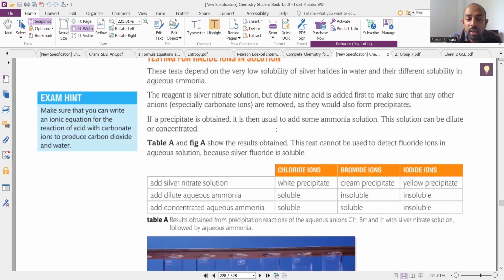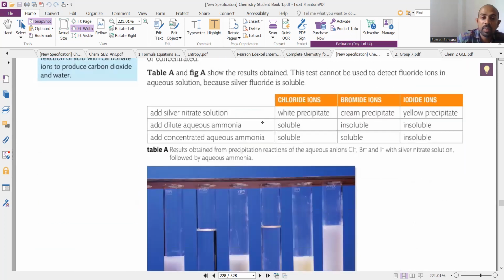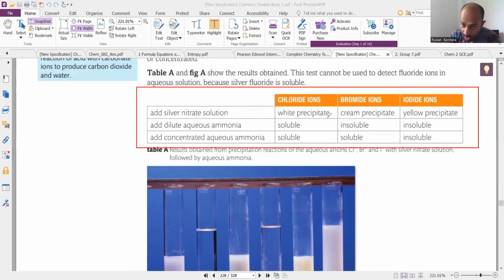So this is the table. We did exactly this in O-levels as well, but in A-levels we are doing something in addition, because in O-levels we just add silver nitrate and nitric acid, right? We observe the white, cream, yellow precipitate only. But after that, you have to add dilute ammonia.